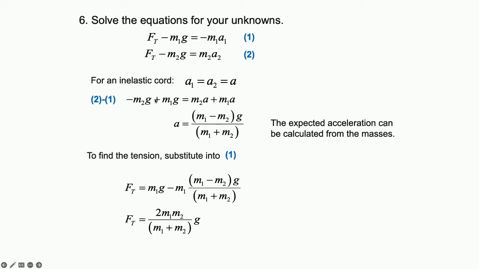So if we have that, we have minus m2g from this equation, and that's going to be plus m1g because it's minus minus. It equals m2a from this side of the equation, and then again minus minus gives us a plus for the m1a.